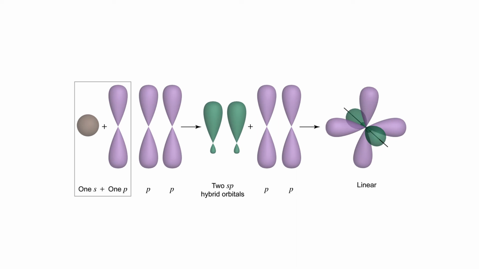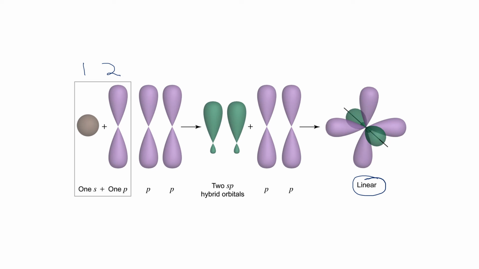And the last hybridization scheme I want to take a look at is the hybridization scheme that we use to explain linear geometry. If a molecule is linear, it's going to have 2 atoms arranged around that central atom. And so that means we need 2 hybrid orbitals pointed at 180 degrees from each other. 2 hybrid orbitals mean that we need 2 atomic orbitals.